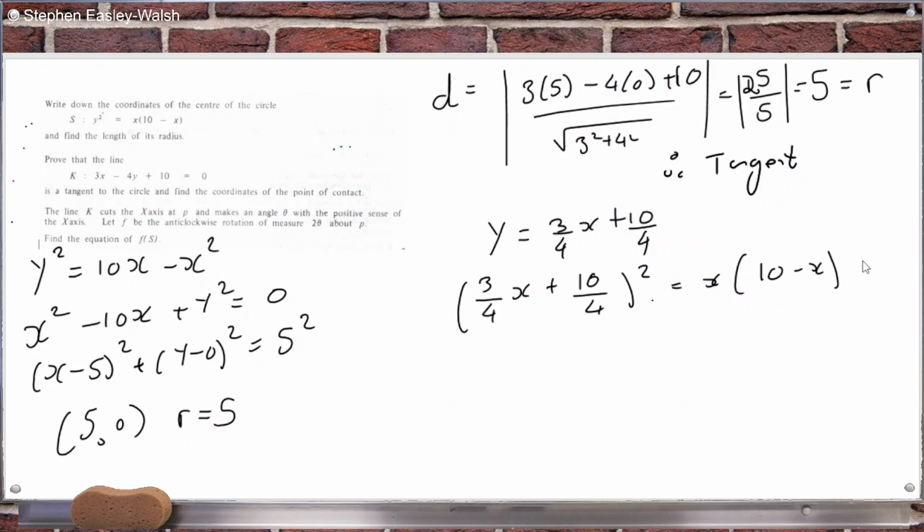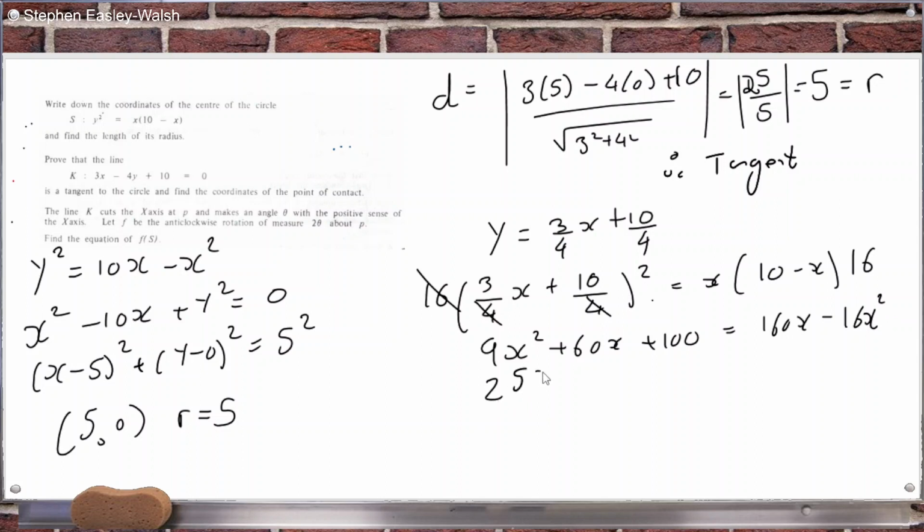So I'll multiply both sides by 16, and that will cancel them there. So now I'll have 9x squared plus 60x plus 100 equals 160x minus 16x squared.